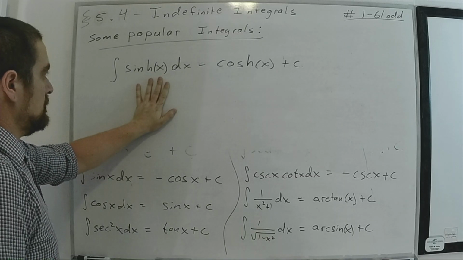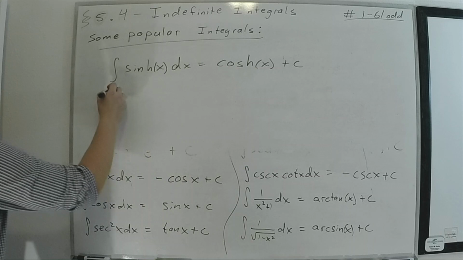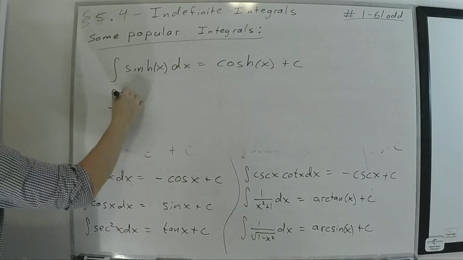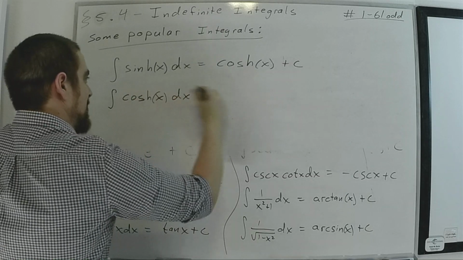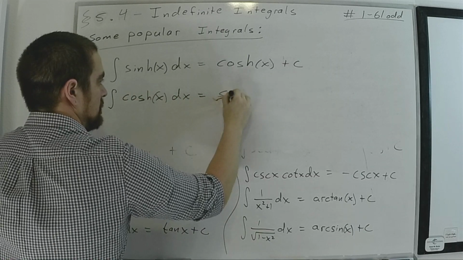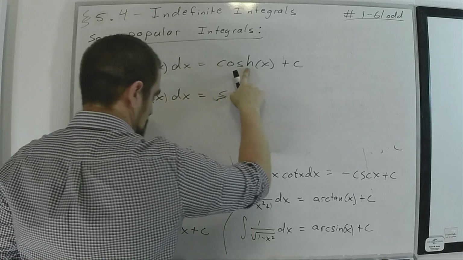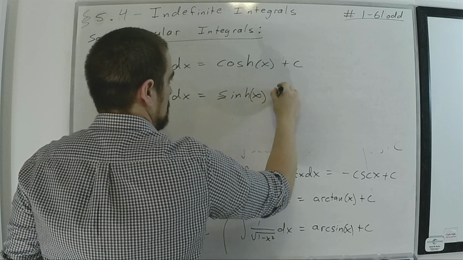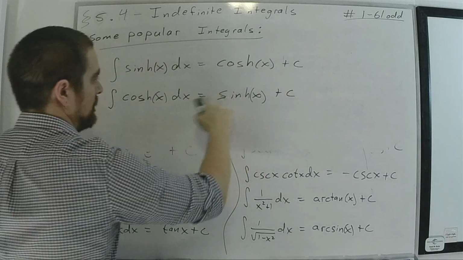When you differentiate sine hyperbolic of x, you get cosine hyperbolic of x. When you differentiate cosine hyperbolic of x, you get sine hyperbolic of x. So going backwards the other way, the same thing, no sign change. If I anti-differentiate sine hyperbolic of x, I get cosine hyperbolic of x. If I anti-differentiate cosine hyperbolic of x, I get sine hyperbolic of x.